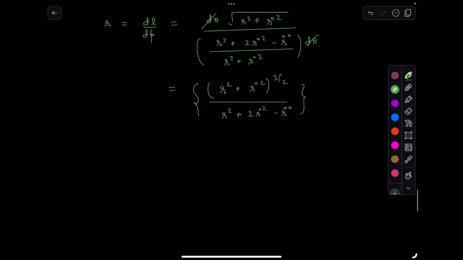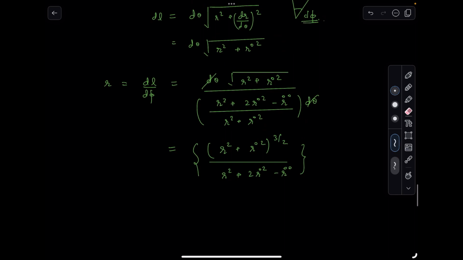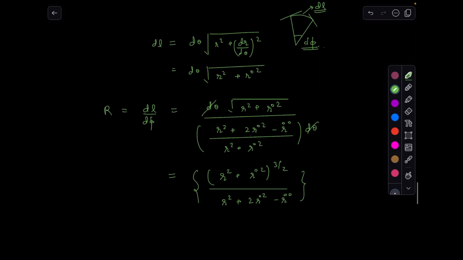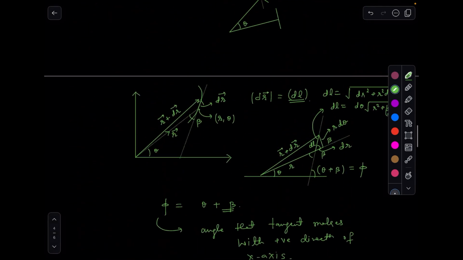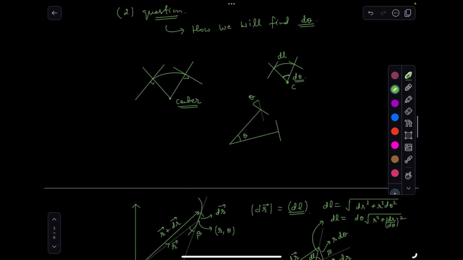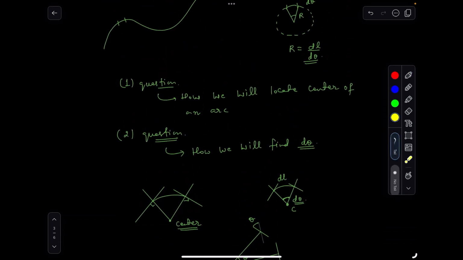So for the final expression of radius of curvature, let's denote the radius of curvature by capital R in order to avoid confusion.